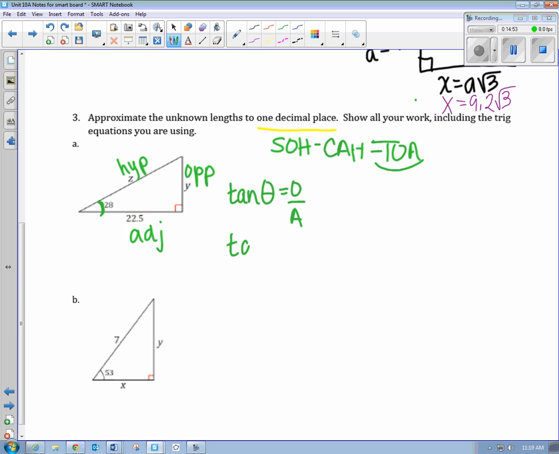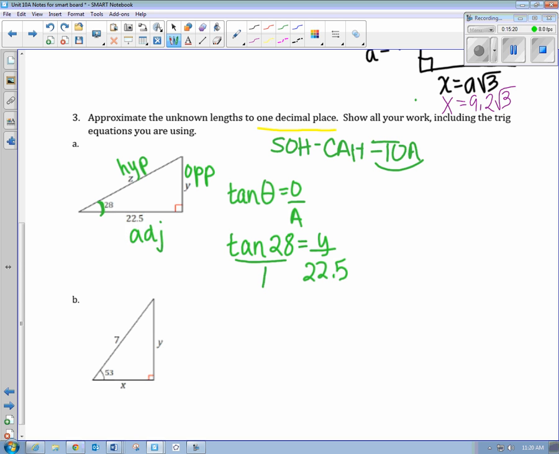So if I go through and do the work for this now and substitute in what I know, I'm putting in tangent of 28 for the angle, opposite of y, adjacent of 22.5. I would not pick to do the opposite and hypotenuse together because at this point in time, that would mean that I would have two unknowns in my ratio, and I don't want that to happen.